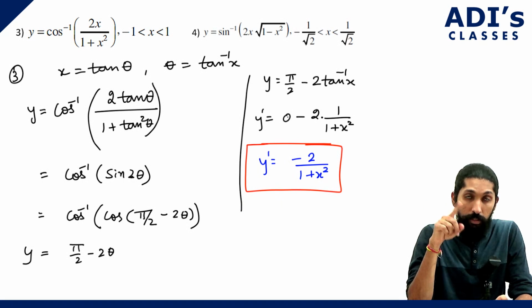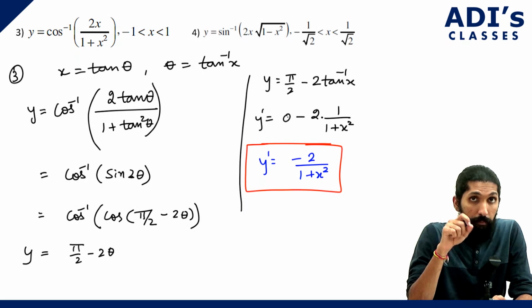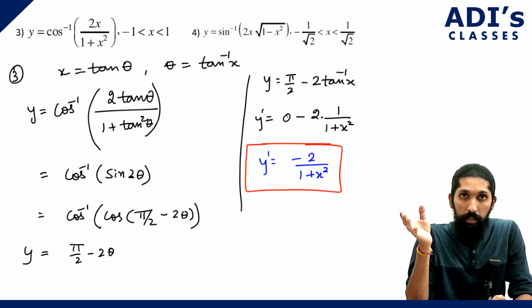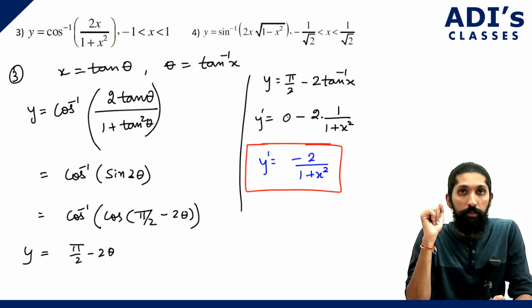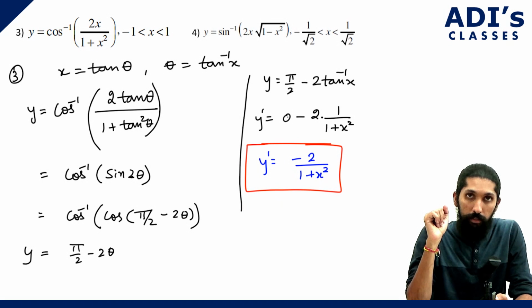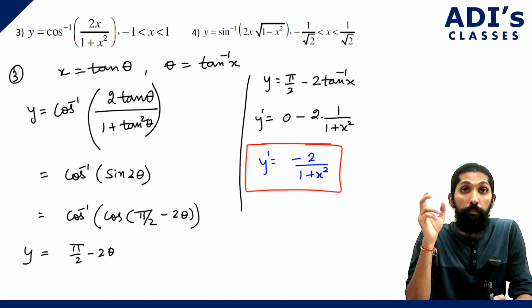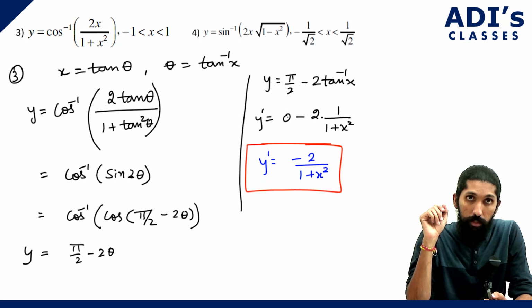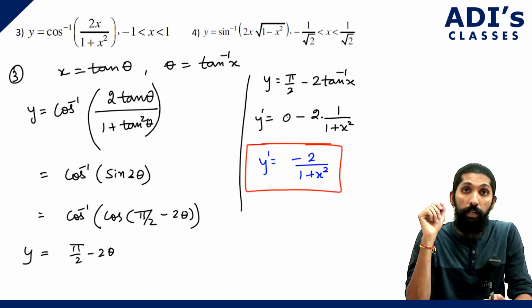Now, the two functions, the second one and the third one, both of them are giving me the same dy by dx or y dash, that is minus 2 by 1 plus x square. Correct? That means there is one common point for these two functions where the slope of a line is going to be the same.